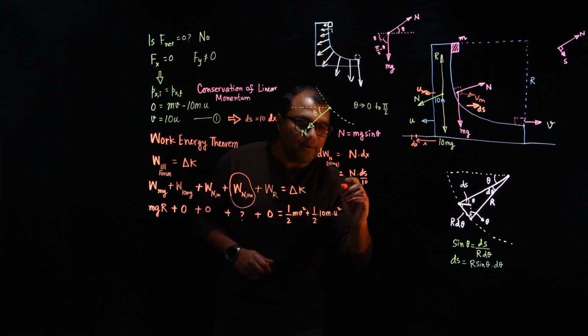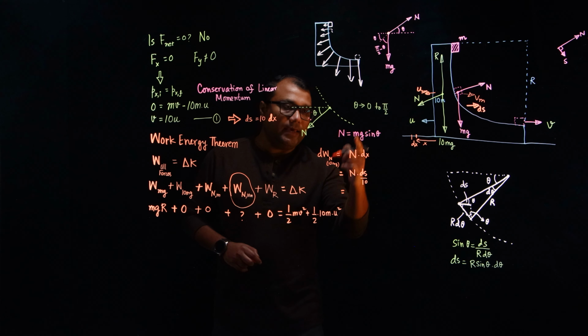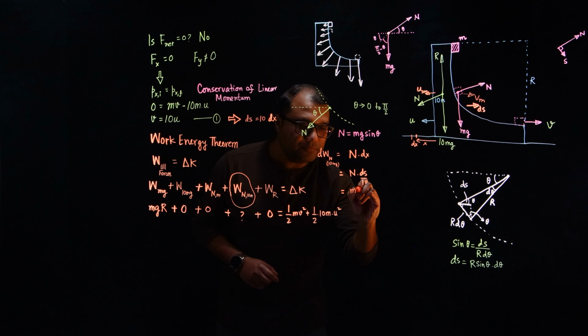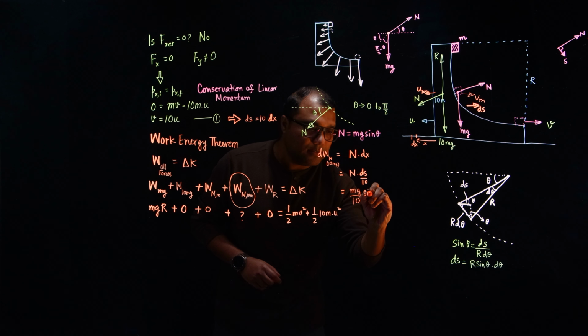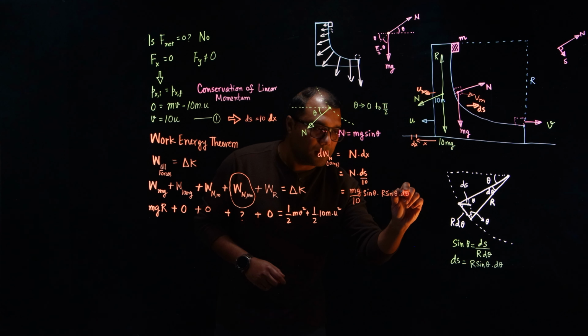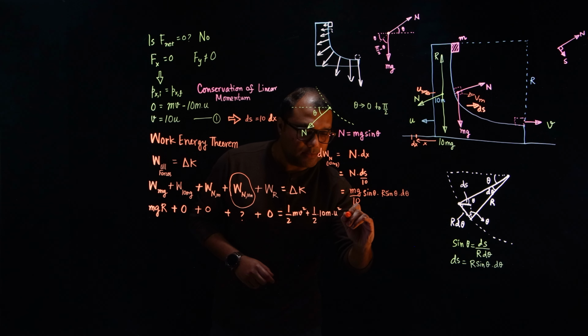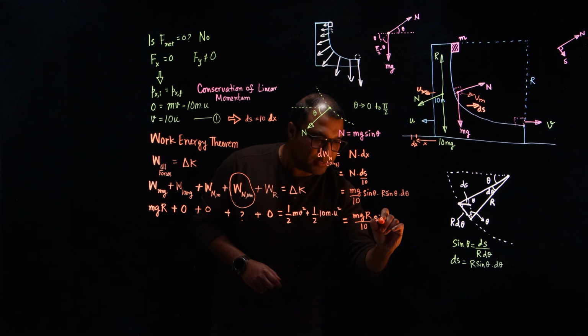So then we can replace ds by r sine theta d theta and N by mg sine theta. So mg by 10 sine theta times r sine theta d theta, or we can also write this as mgr by 10 sine square theta d theta.